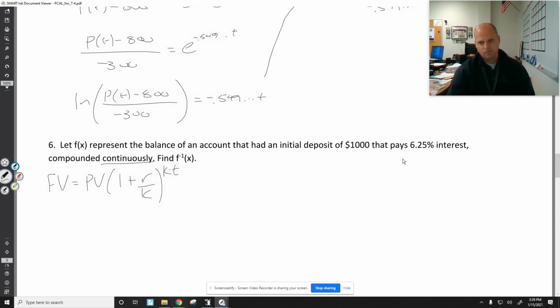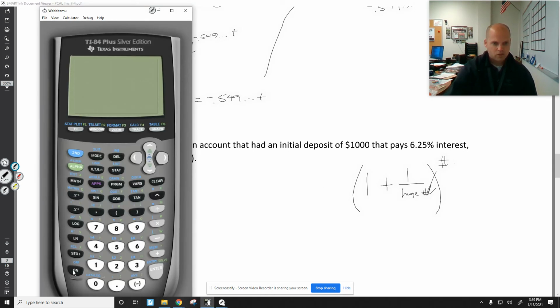You ever want to do something fun? Type into your calculator 1 plus 1 over a very large number. So type in a huge number. Make sure you know what that number is. And then to the same huge number. I'll show you. That's where e comes from. So that's why we use the formula P equals P times e to the rt for continuous compounding.